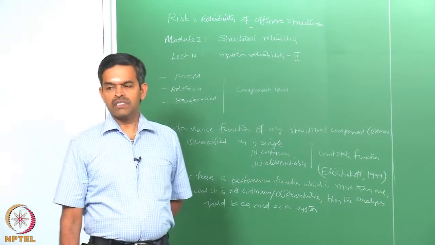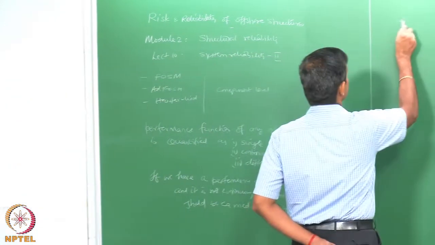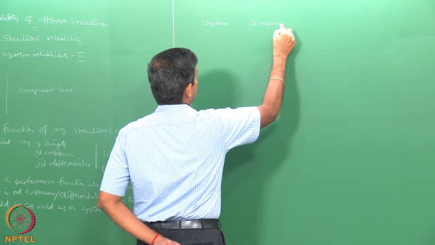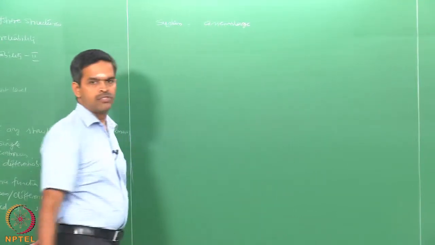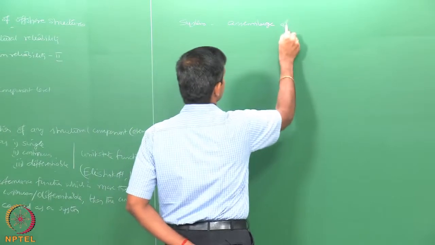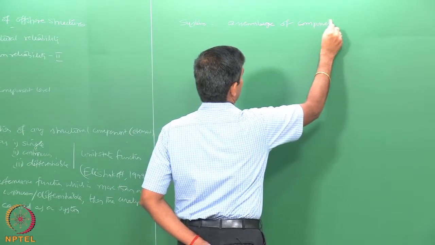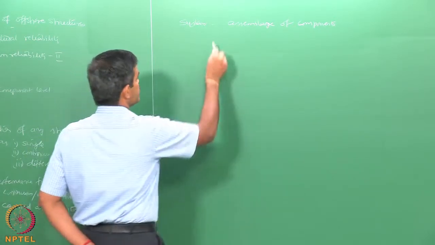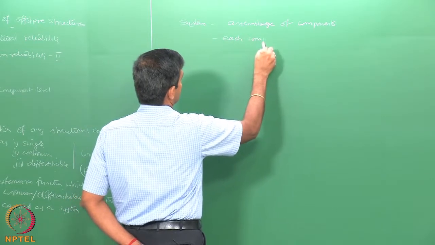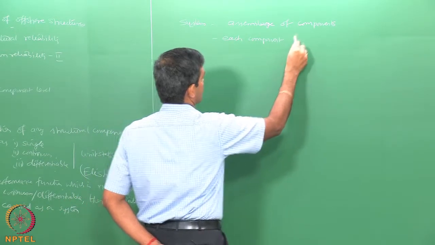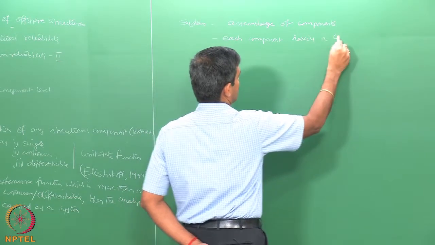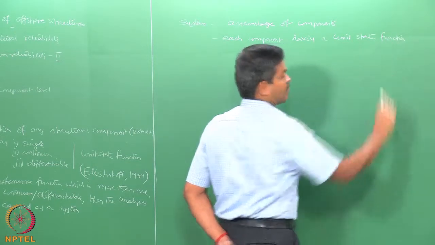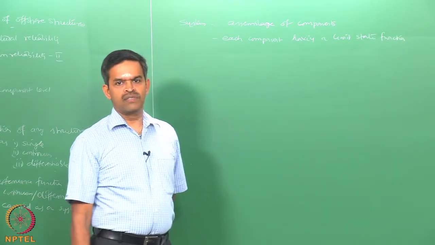Hence, system can now be defined. System can be defined, as we all know, as an assemblage of components, each component having a limit state function which is associated with that.